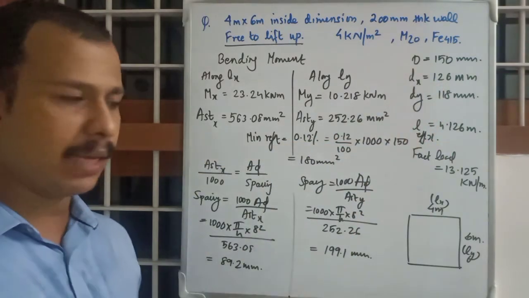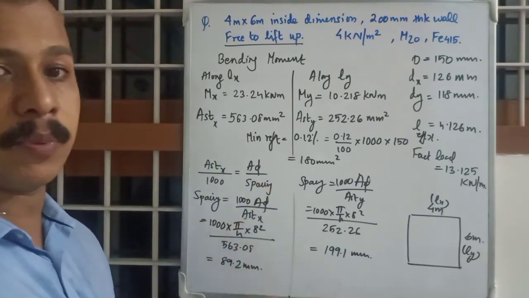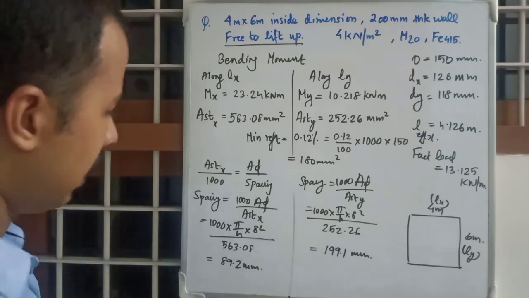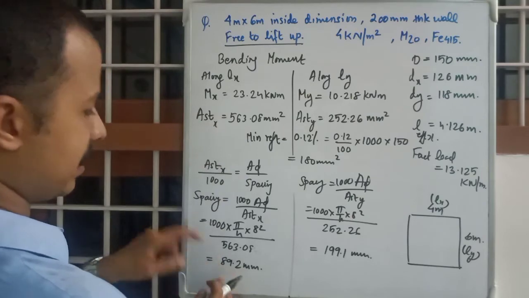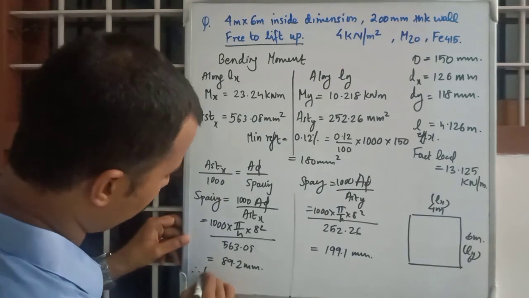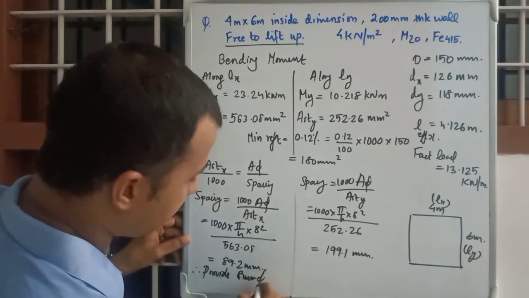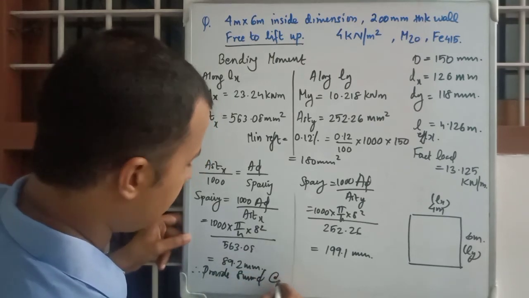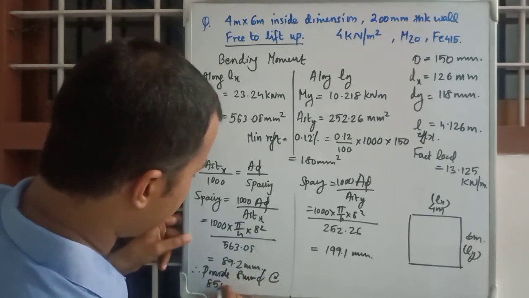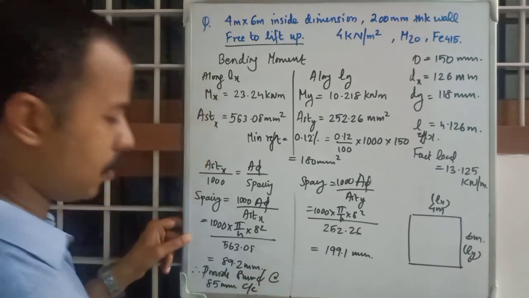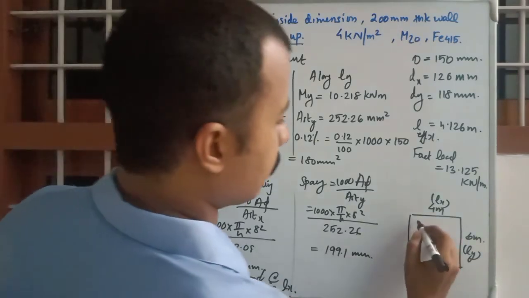Okay, so if you have time, you can write those two maximum spacing values, and the statement is clear. We have calculated Ast and spacing, therefore provide 8 mm dia bars at 85 mm center to center in Lx dimension, like this.